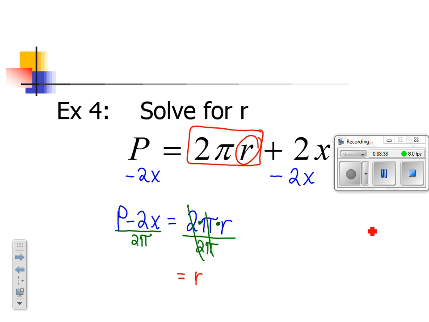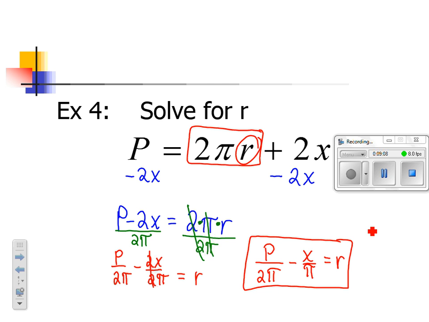Over here, you have two terms, the p and the 2x, and they're both being divided by 2 pi. So that's really p over 2 pi, subtract 2x over 2 pi. 2 divided by 2 cancels out, and the answer is p over 2 pi subtract x over pi equals r.